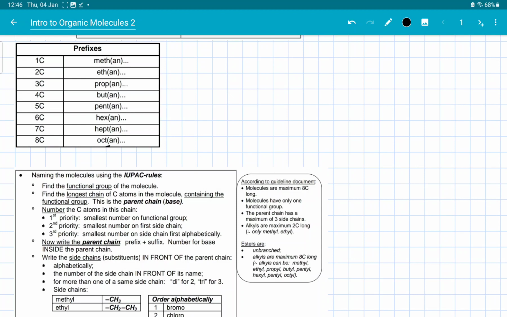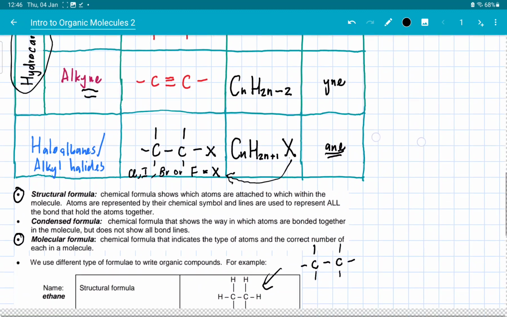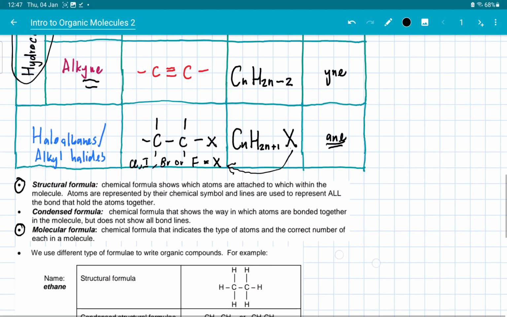Then we go back and check how many carbons there are. The number of carbons is 2, people. So it has to be ethane. That is how we would name it.